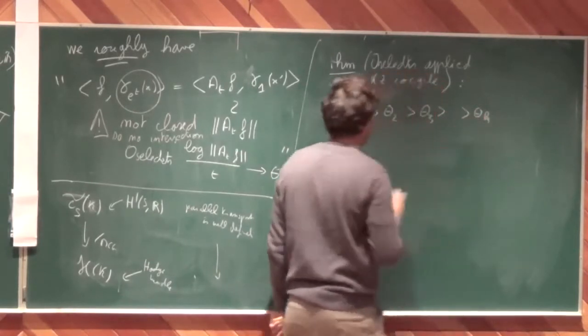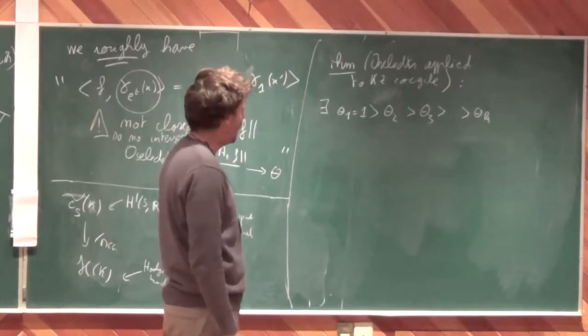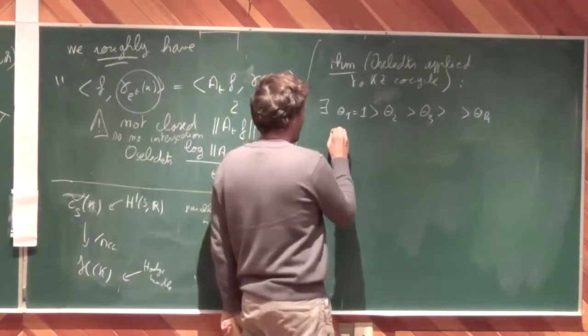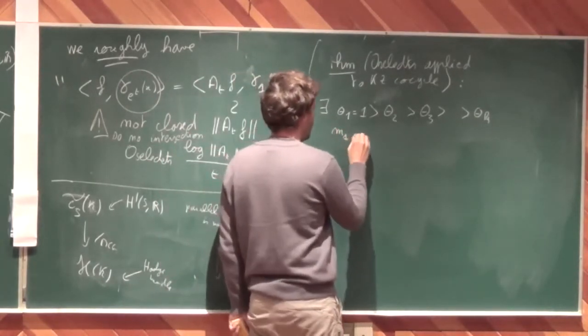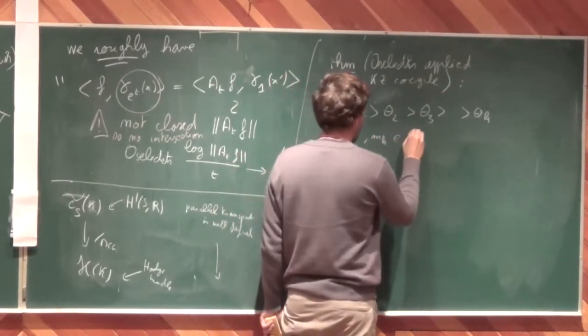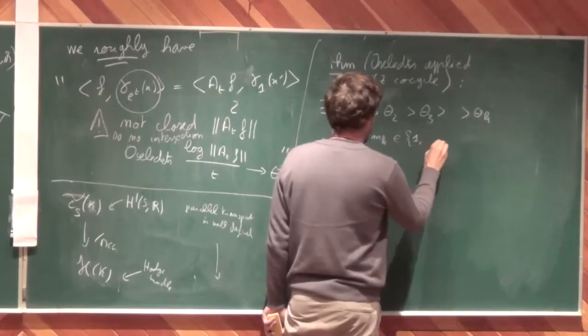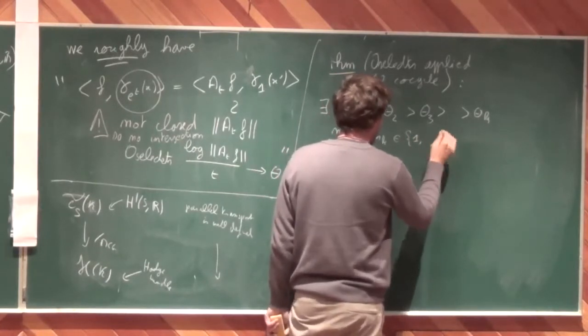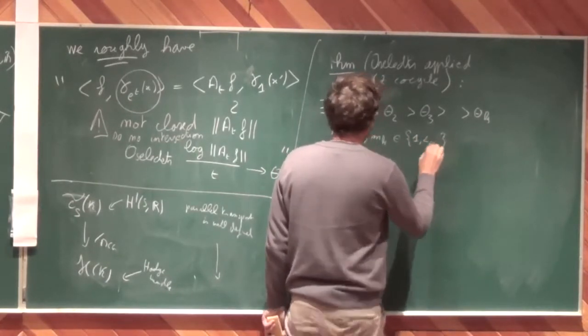So I have a certain number of exponents, and I have some multiplicities as well, m_1, ..., m_k, which are positive integers.